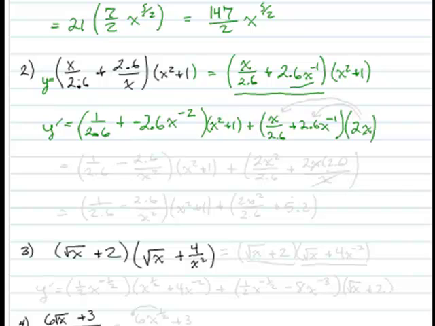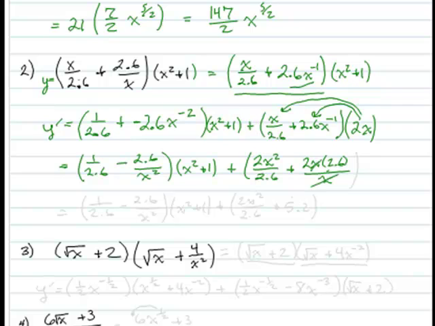There's not going to be a ton of simplifying we can do, so we will do just a little bit here. 1 over 2.6 minus 2.6 over x squared times x squared plus 1, plus, now I'm going to distribute this 2x, so then I'll have a 2x squared over 2.6 plus 2x, sorry, that'll get multiplied by that 2.6 over x.